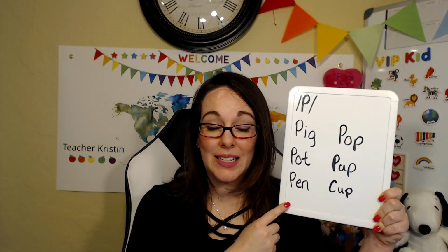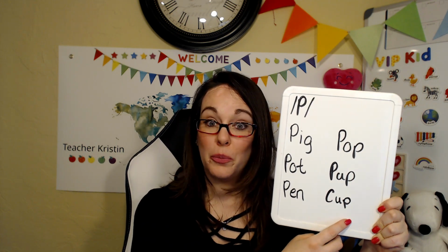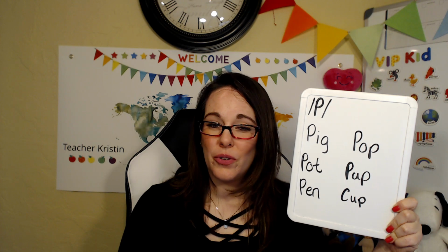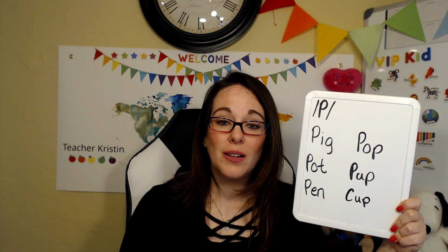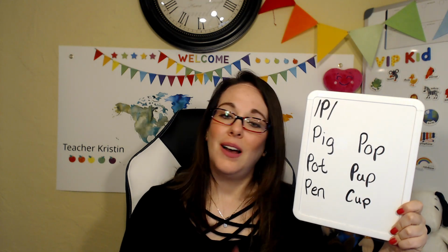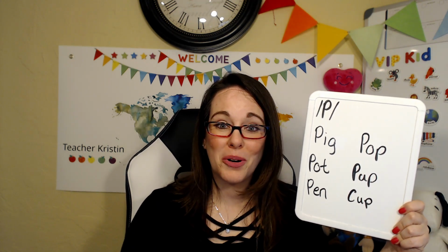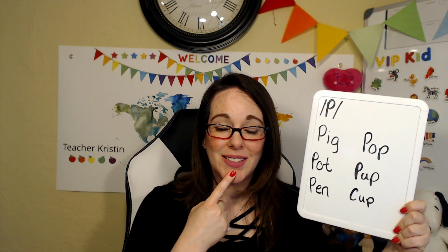Here I've made a list of words that begin and end with the letter P. P is one of the first few sounds that your toddler and or young child will be learning. P is part of our bilabial sound productions.